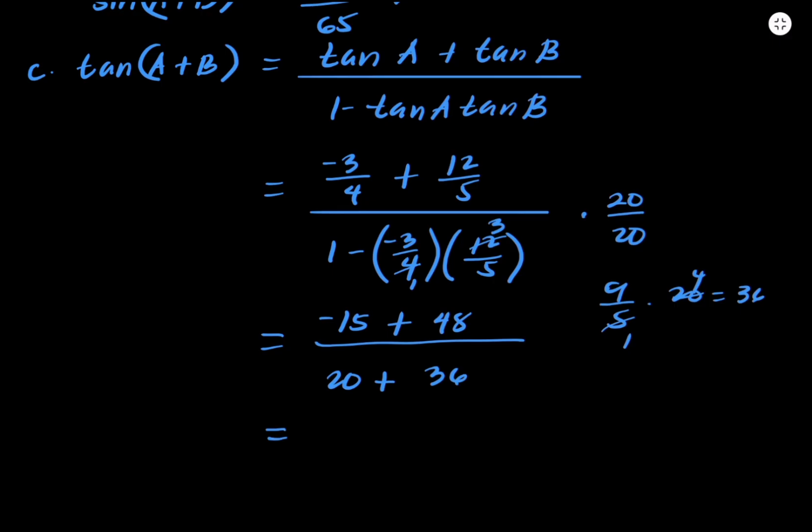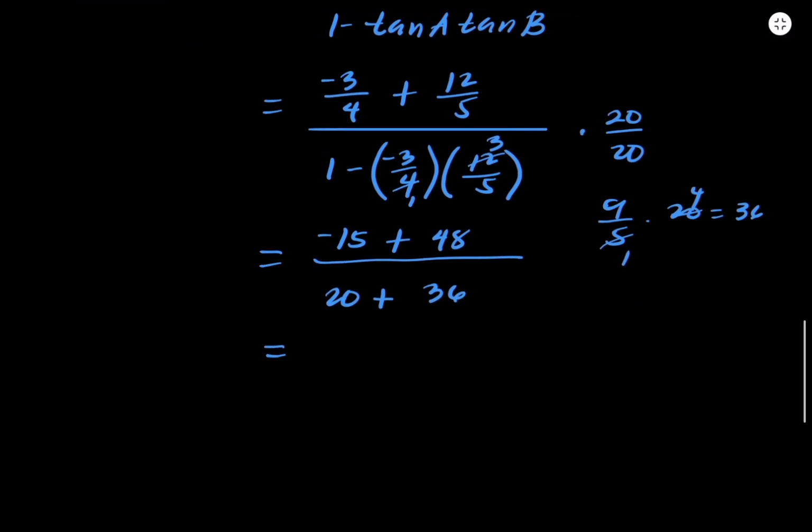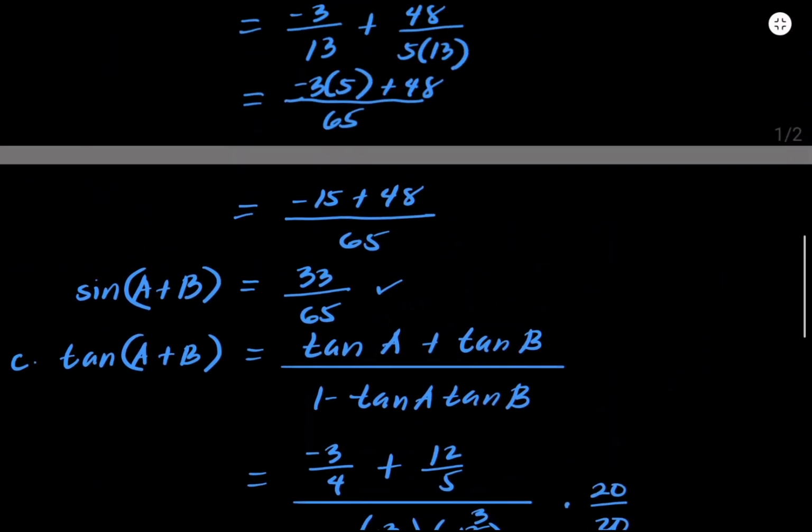Now we have, what is 48 minus 15? That is 33. And we have 56. So tangent A plus B is equal to 33 over 56. Now we are done with item C.